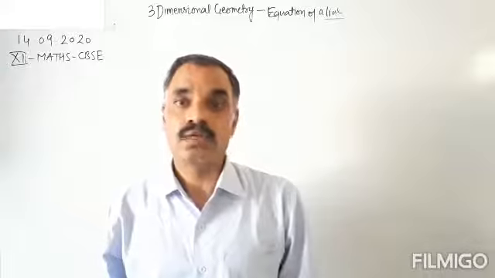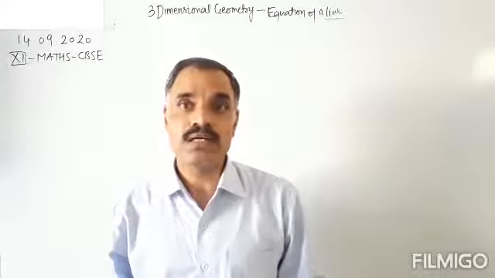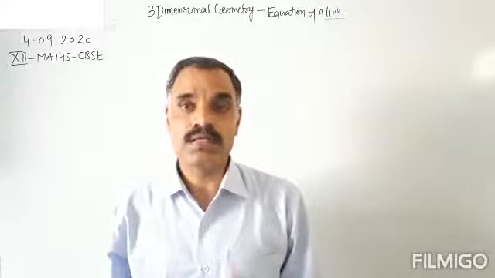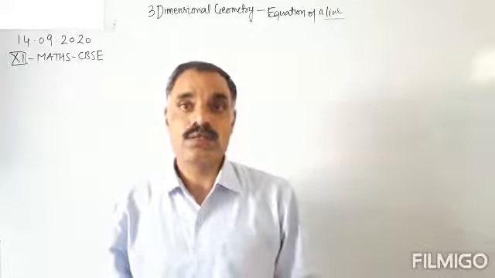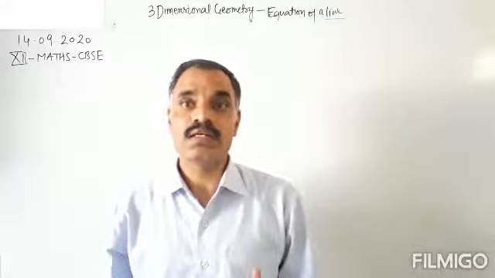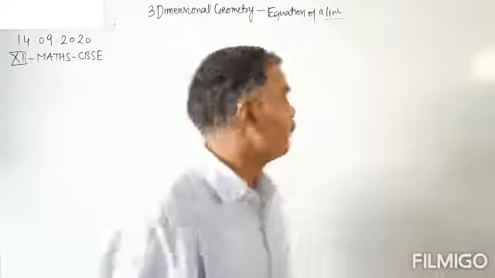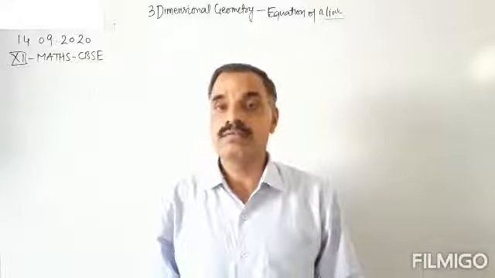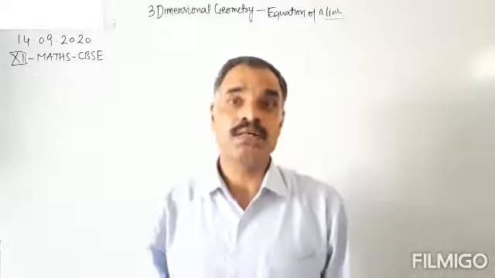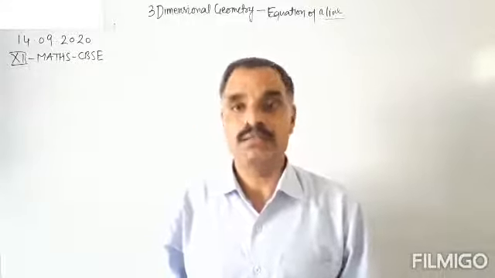Okay, so today we will start finding the equations of a line in three-dimensional geometry. First of all we will find the equation of a line which passes through a given point and is parallel to a given vector.